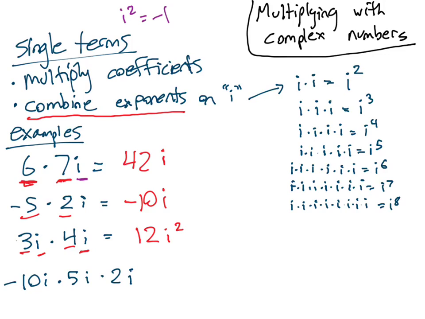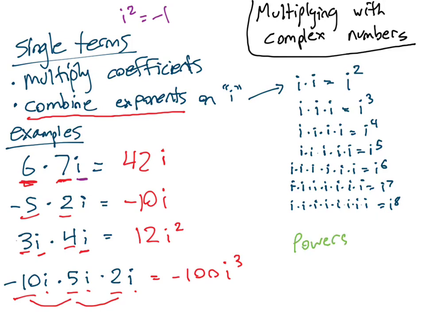So if we want to multiply all three of these terms together, -10 times 5 times 2, well, -10 times 5 is -50, times 2 is -100, and we have 3 powers of i that we're going to multiply together, so that gives us i to the power of 3. But now here's where these problems are different from just multiplying regular polynomials.